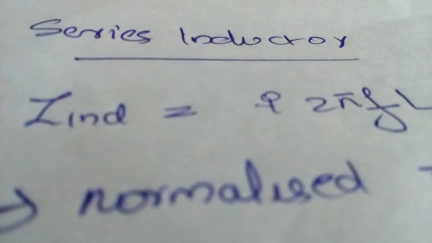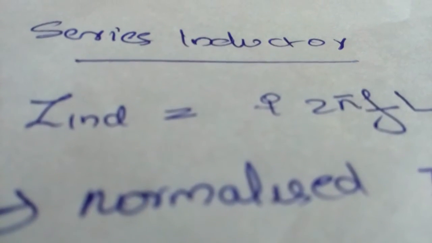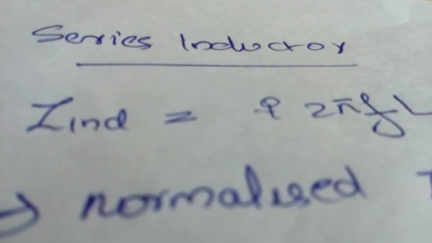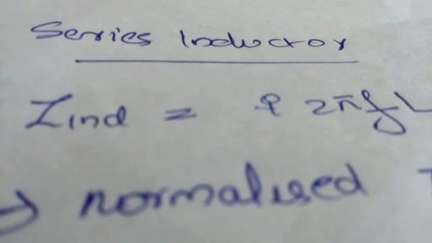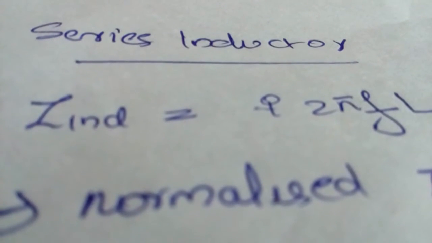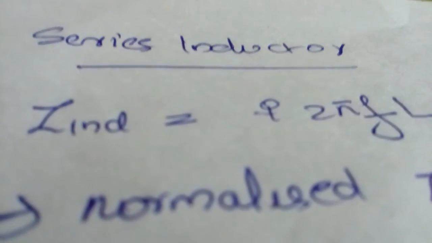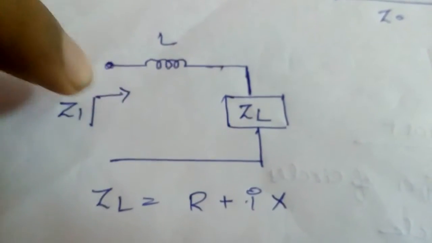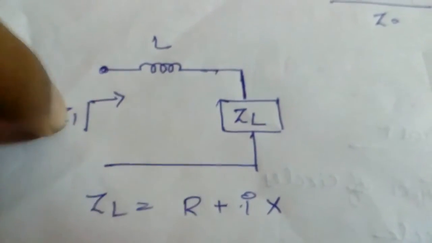So I think the simplest way of impedance matching is by using a series inductor or a series capacitor. In the case of a series inductor, an inductive element is placed between the source and the load in the transmission line. Series like this. See, the L is placed between the source and the load impedance.